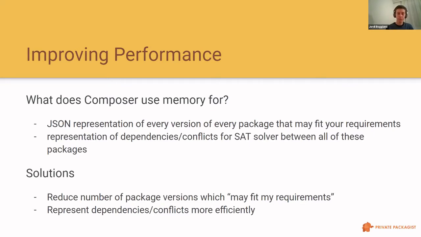And so for every possible version that may fit a requirement, we need to have an object there with a bunch of JSON metadata. And then on top of that, we have the SAT solver, which is the dependency solver, which then needs to represent all those inter-package dependencies and conflicts and so on.